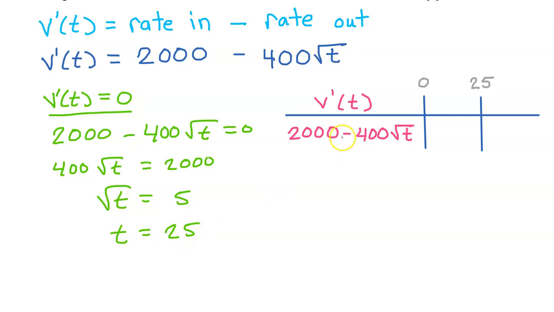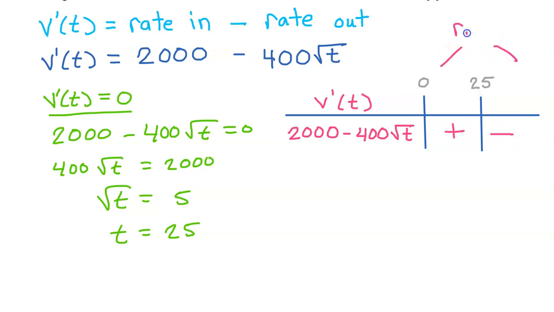This expression will be positive for values of t between 0 and 25. For values of t that are greater than 25, you are now subtracting a value bigger than 2000, so you get a negative number. Notice that V' changes from positive to negative. That means that the volume goes from increasing to decreasing.